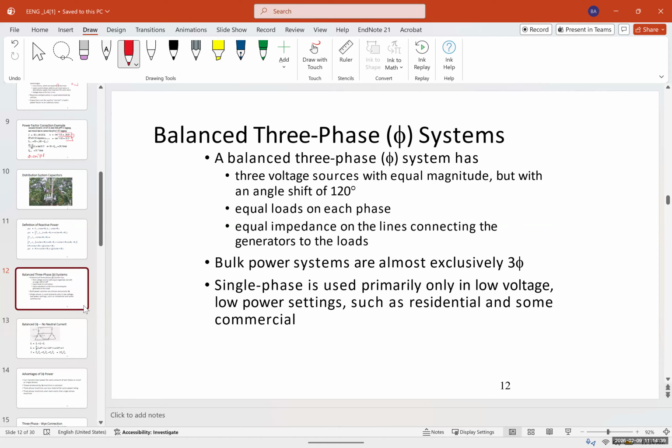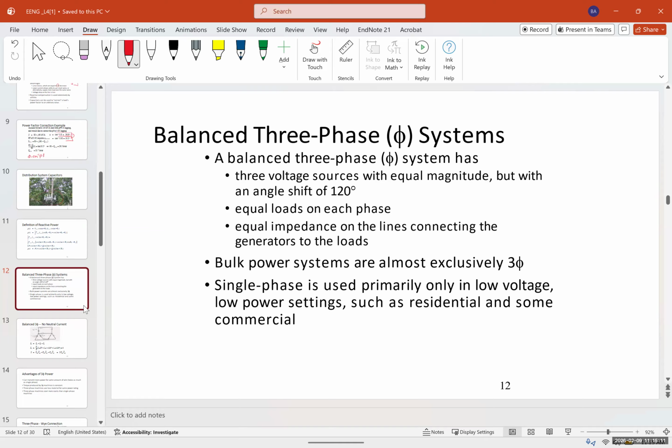In power systems, we usually use three-phase, and I'll explain why we use three-phase. And the three-phase systems that we use must be balanced. A three-phase balanced system has three voltages with equal magnitude, V m, but with a phase shift of 120 degrees.